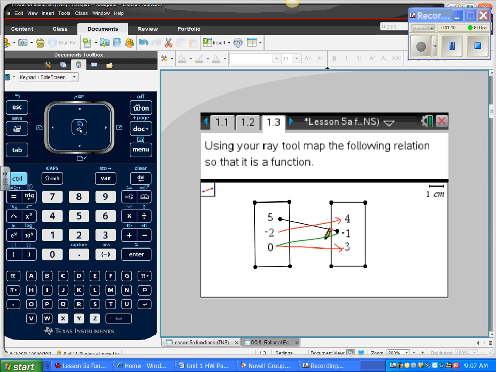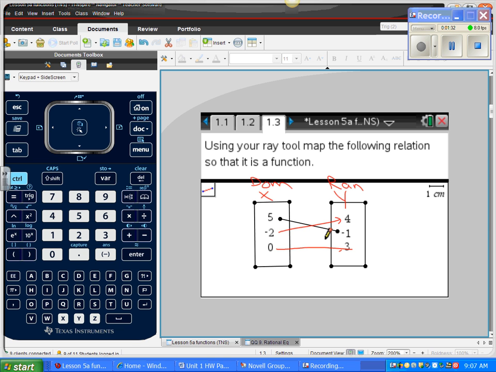How many times am I using 0 now? Twice. Can I have a repeating X value? No. So this yes, a repeating no. And this is called mapping, and this would be your X or your Y, your domain, your range.